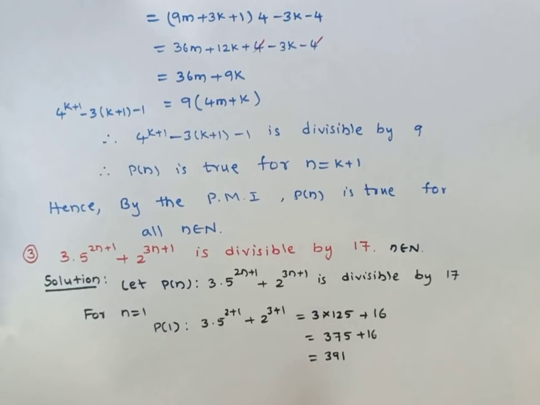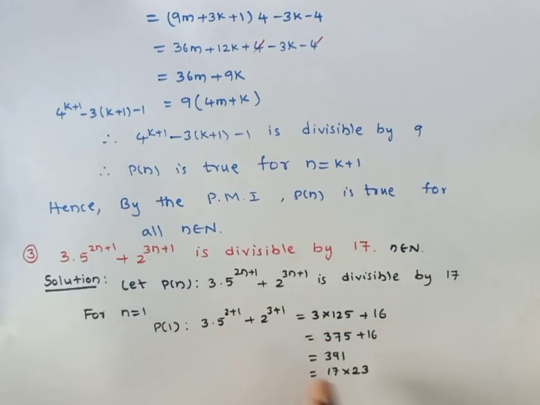Now you need to check whether 391 is divisible by 17 or not. So you need to express this 391 as 17 into something. So it is 17 into 23.